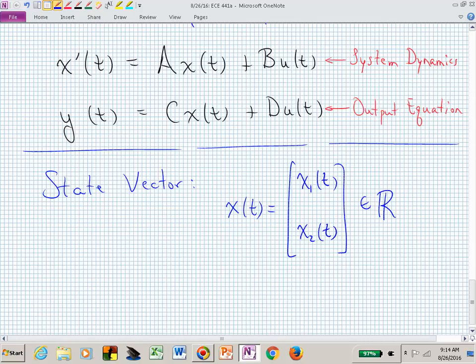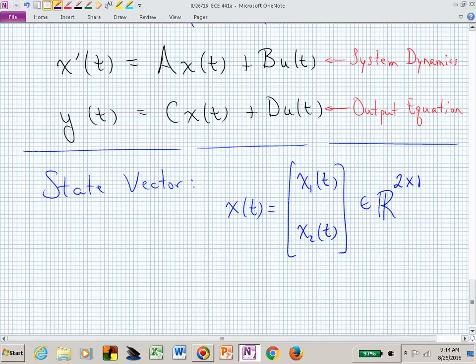So these are all taking real values, and our vector is 2 rows by 1 column. X of t is a 2 by 1 vector. And that's now going to help us create this system dynamics equation in our state space representation.